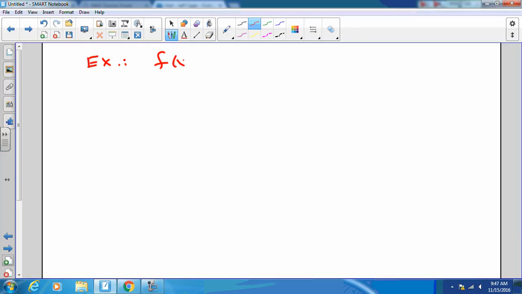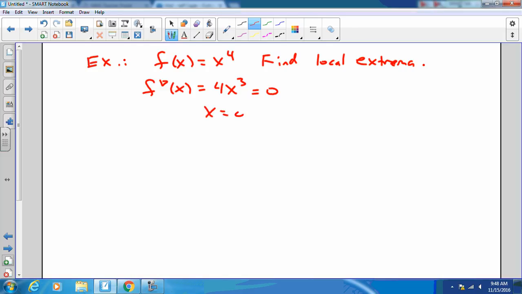So let's look at an example of failure here. Just a simple example, f of x equals x to the fourth. Find the local extrema. I do the same process here: f prime is 4x cubed, set it equal to 0, and get a single triple root at x equals 0.